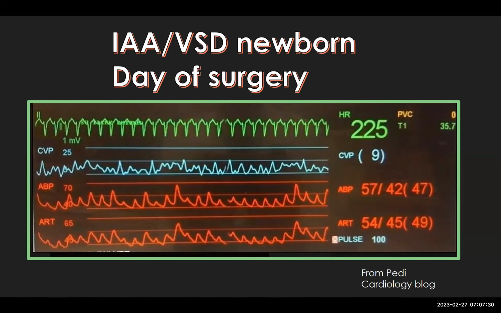And so if you gave amio, I agree, I would give 5 per kilo. We've talked many times about the risk for cardiovascular collapse in an infant, so you'd want to give it slowly and keep a very close eye on the infant while you're delivering this medication. But okay, and if you were going to give procainamide, how much would you give of that, Tarek?